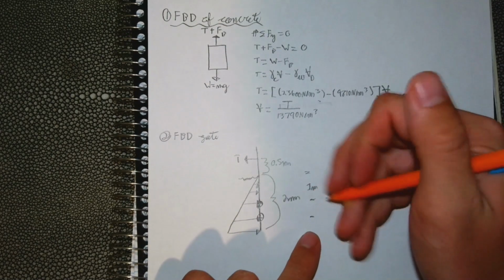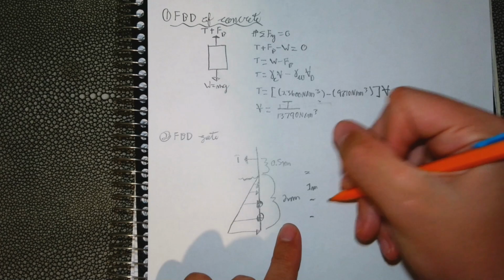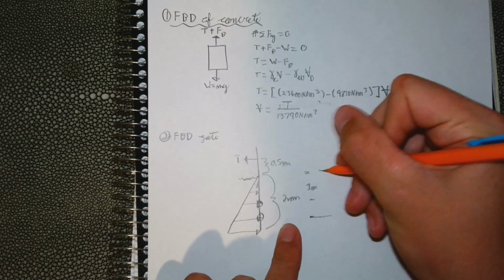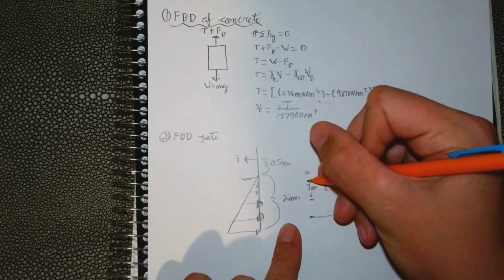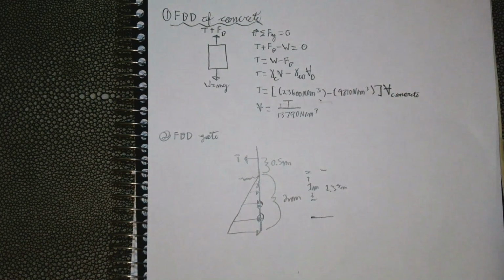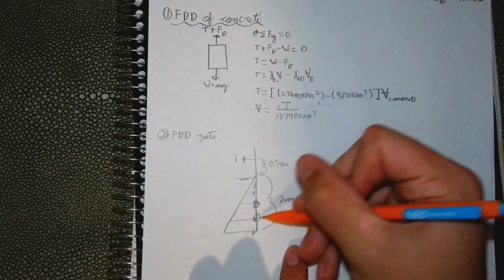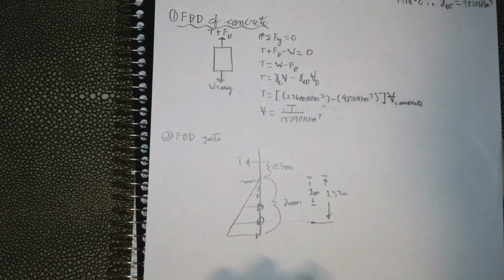So we know that it will act 1.33 meters, right? Because 2/3 of 2 is 1.33 meters. That's how I did that. So that's where this lines up with the center of pressure.